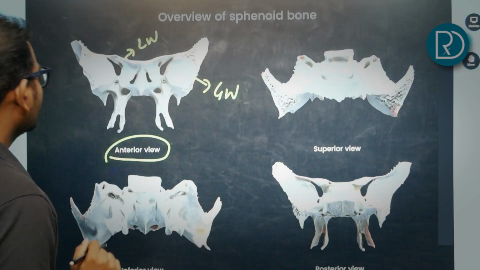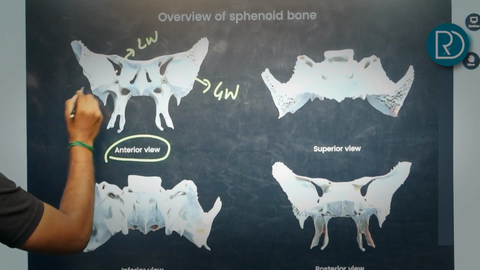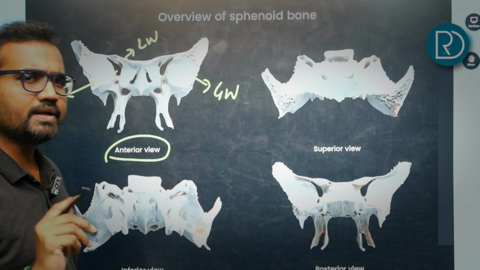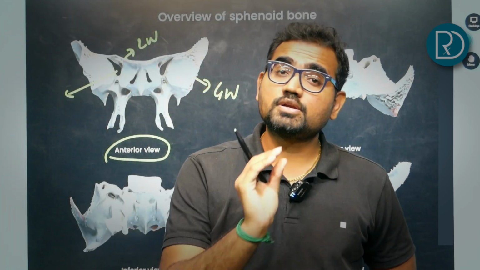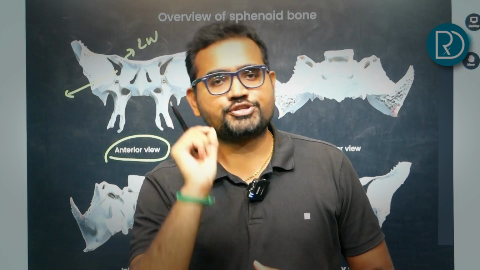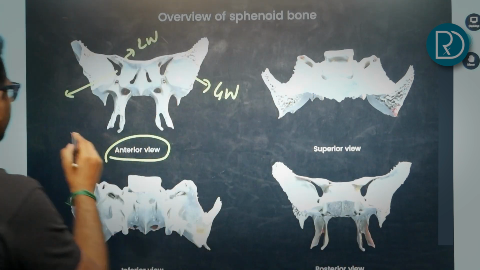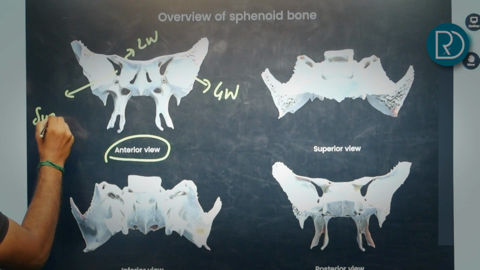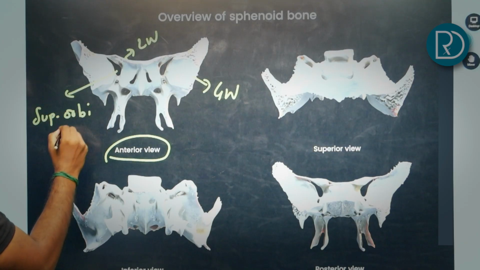Now you see here, it looks like a foramen, but it is longer and narrower than a foramen. Any cleft which is longer and narrower than a foramen is called a fissure. So this is the superior orbital fissure.